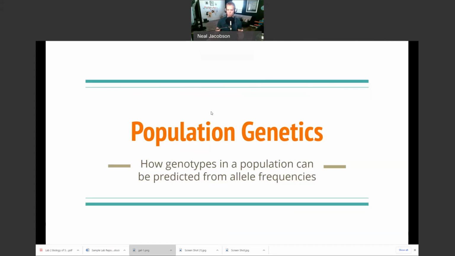That's where this is used more often. But we're going to start the other way. We're going to start with calculating allele frequencies and work it forward, and then at the end, we'll work backwards from phenotypes to frequencies.